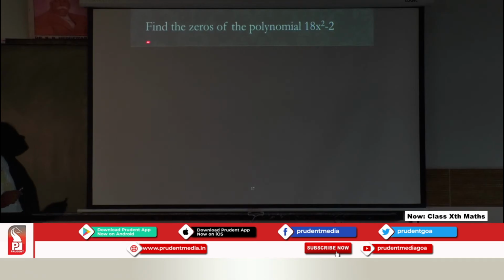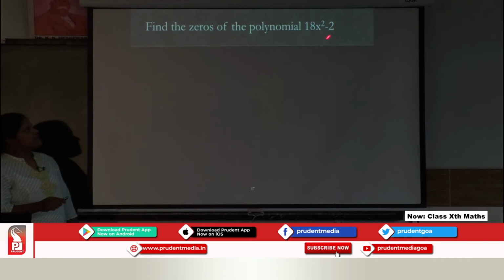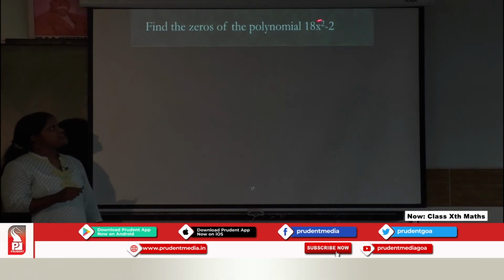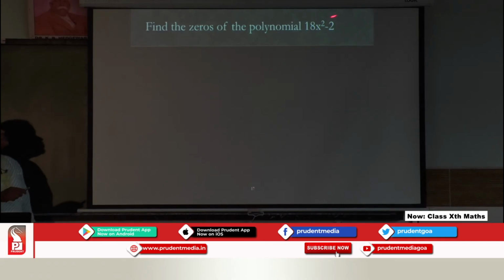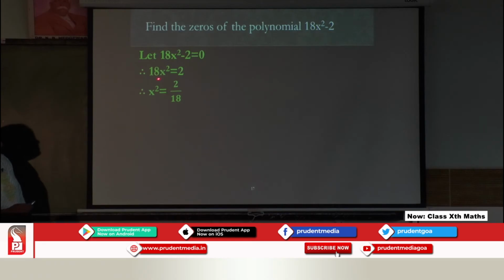And this is one more type. Find the zeros of the polynomial 18x² minus 2. If you see here, I have mentioned one coefficient for x². So how to go about it when you have a certain coefficient of x²? Let this polynomial be equal to 0. Therefore, 18x² is equal to 2. Shift this 18 below here, so you get x² is equal to 2 upon 18.